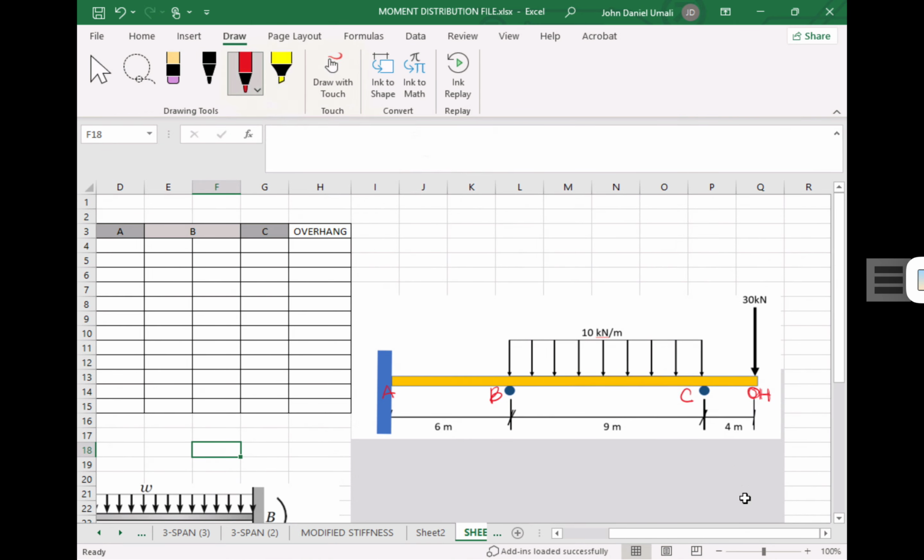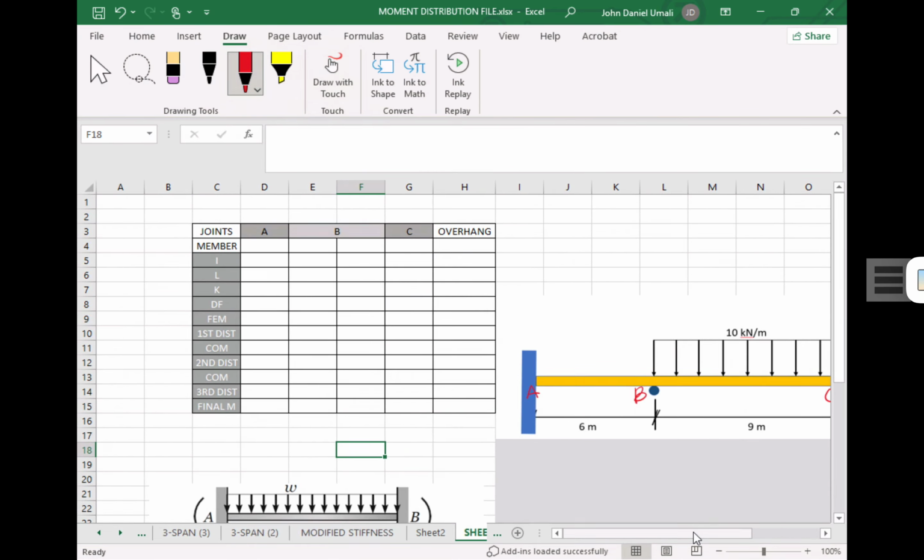So, let's give this name. At joint A, member AB is connected. So that is AB.